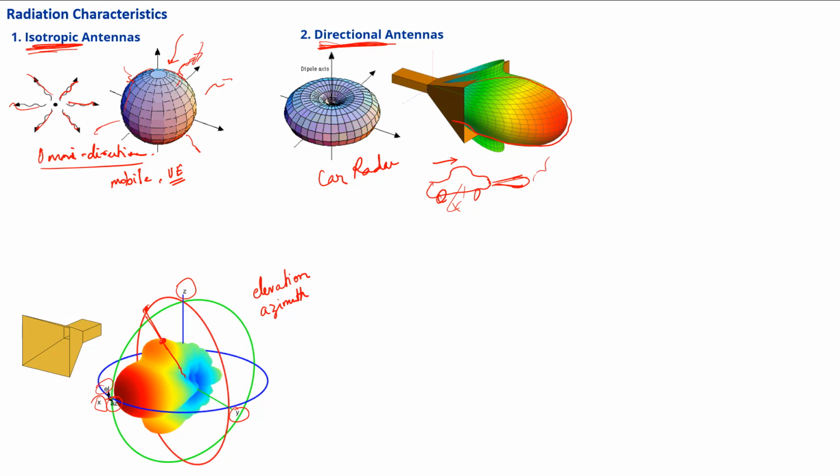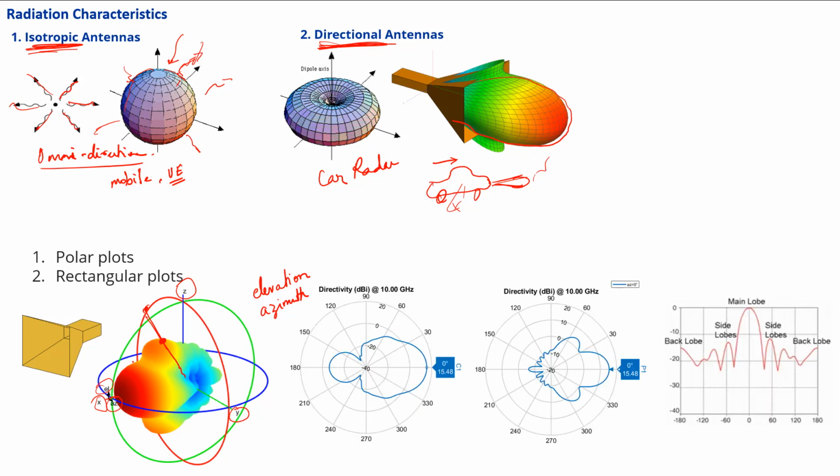But it is hard to see three-dimensional plots like this, and typically polar plots or rectangular plots are used. These are 2D plots of the three-dimensional phenomenon, essentially cuts in the XZ plane or the XY plane, plotted in 2D to better understand how the radiation occurs.